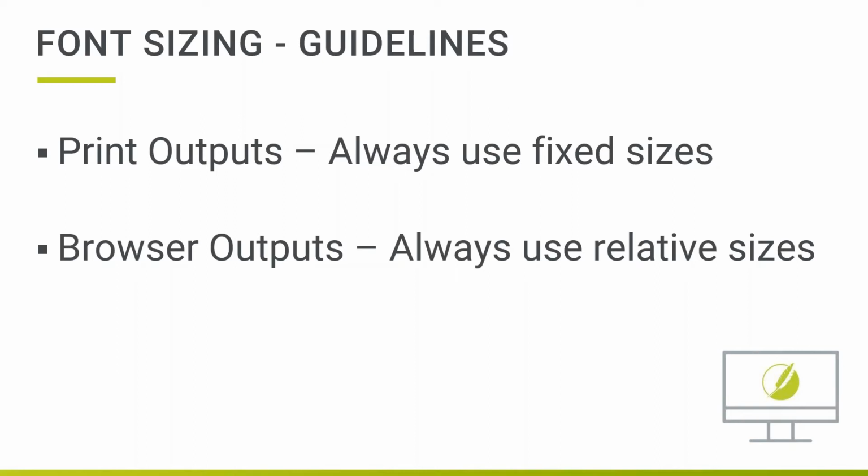When it comes to line widths, when it comes to white space, go crazy. Use points, use pixels, use whatever you want. That's fine. But specifically when sizing text, use points for your print outputs. For your browser, use percentages or M units.